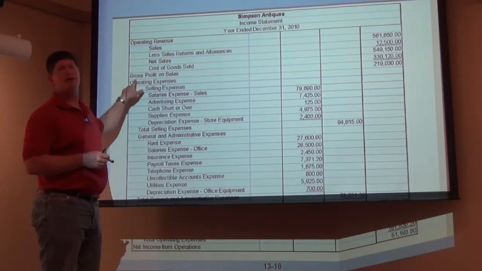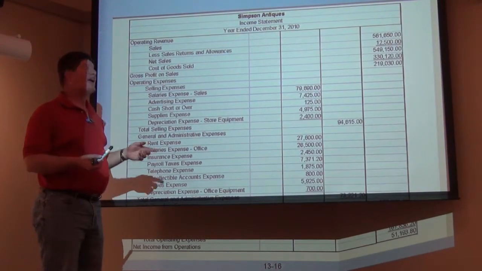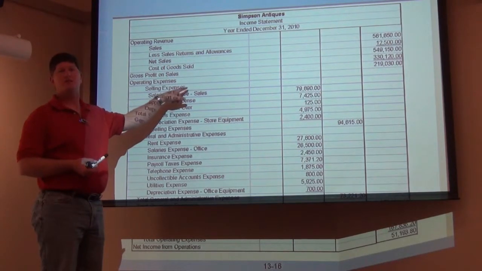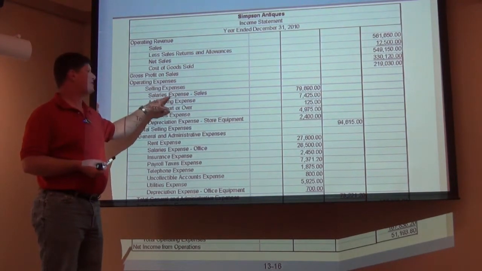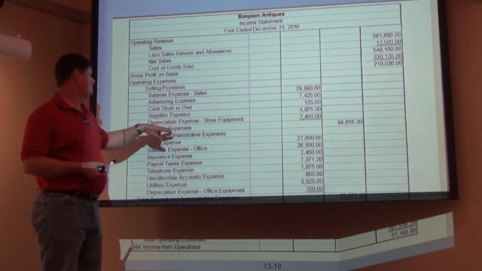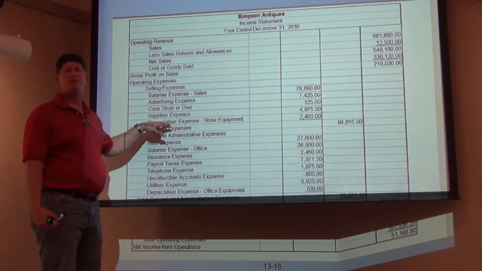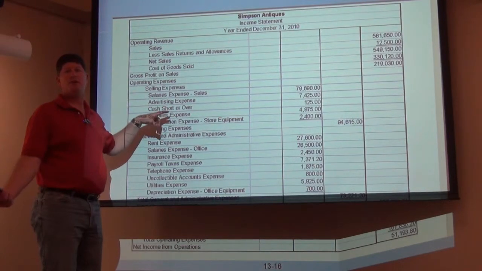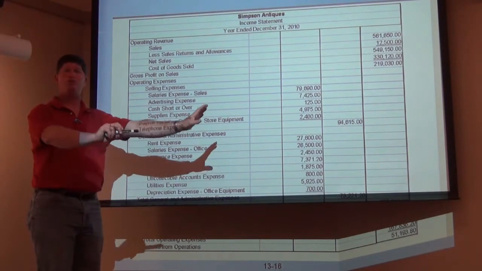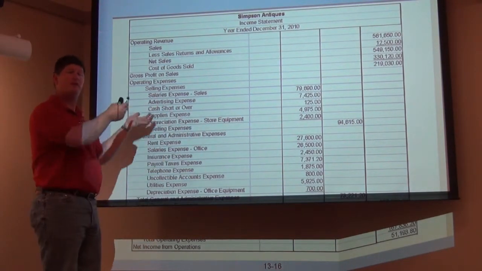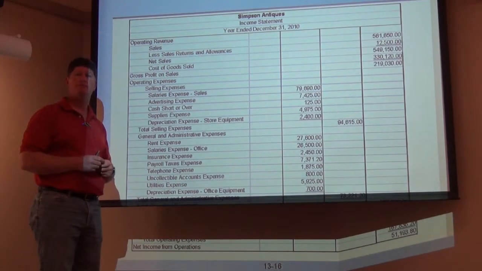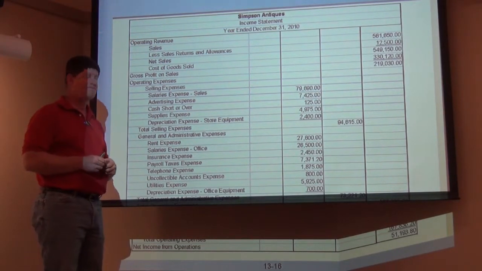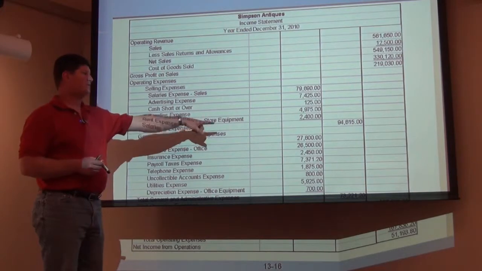So notice we've got the big header of operating expenses and then a subheader of selling expenses. And we're going to list all of our selling expenses, the salespeople's salaries, advertising, supplies. And if the salespeople have vehicles or something, or they're in their own building, they're going to have their own depreciation that goes in the selling expense part of the income statement. Total selling expenses.